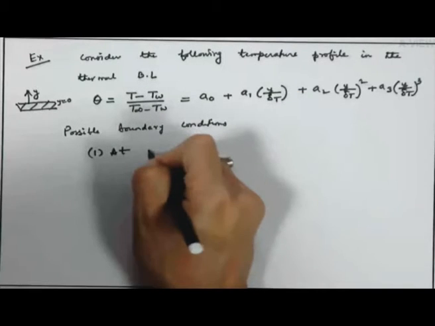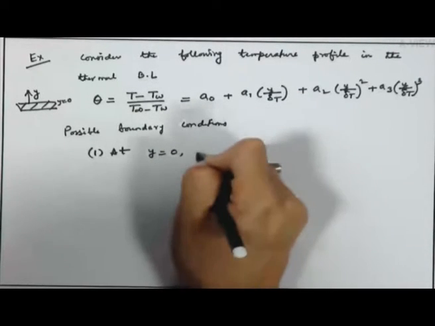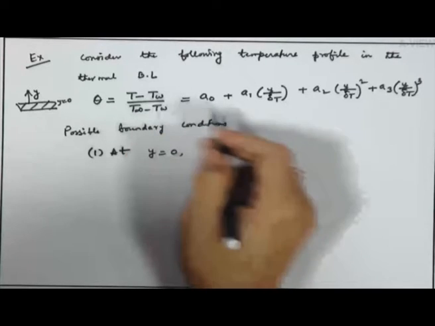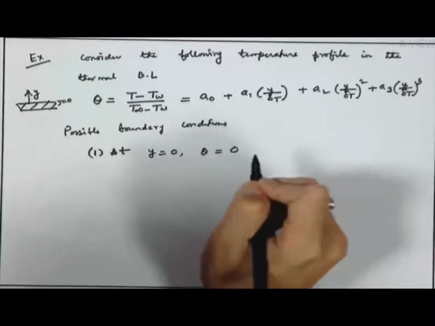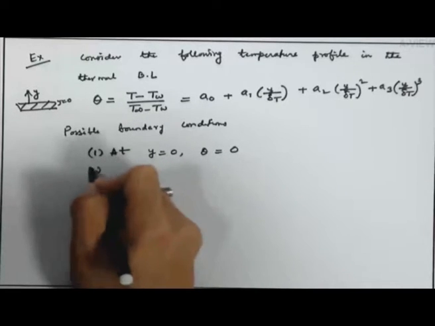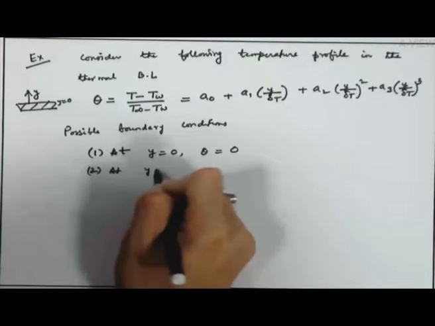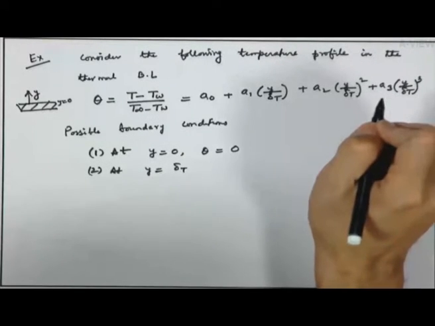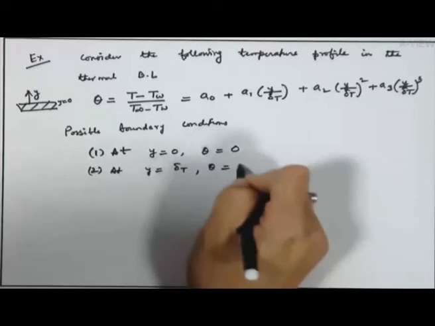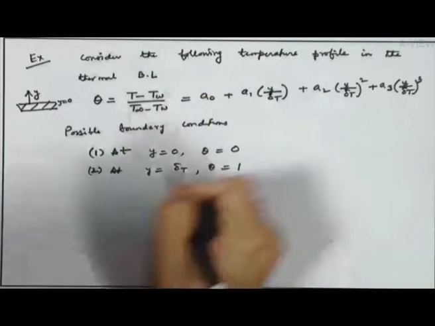So, at y is equal to 0, what is T? T is equal to T wall, that means you have theta is equal to 0. At y is equal to delta T, what is T? T is T infinity, that means theta is equal to 1, right.